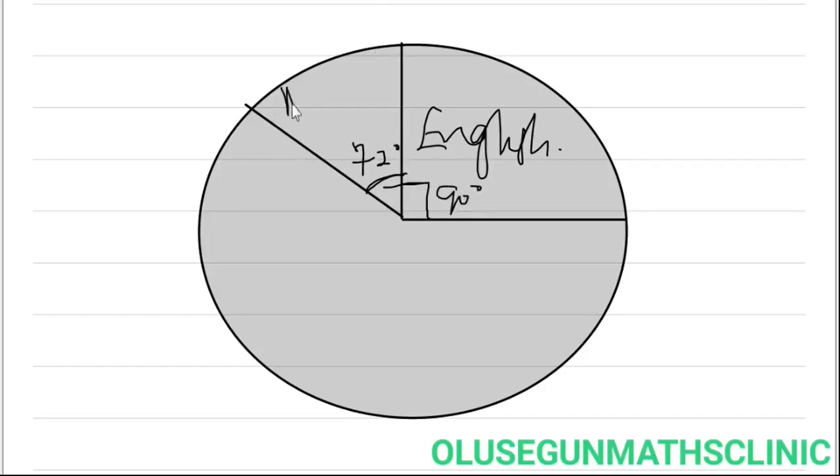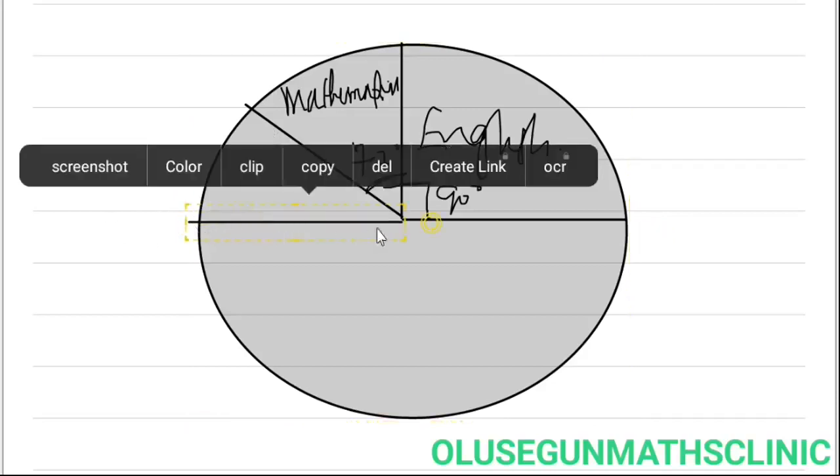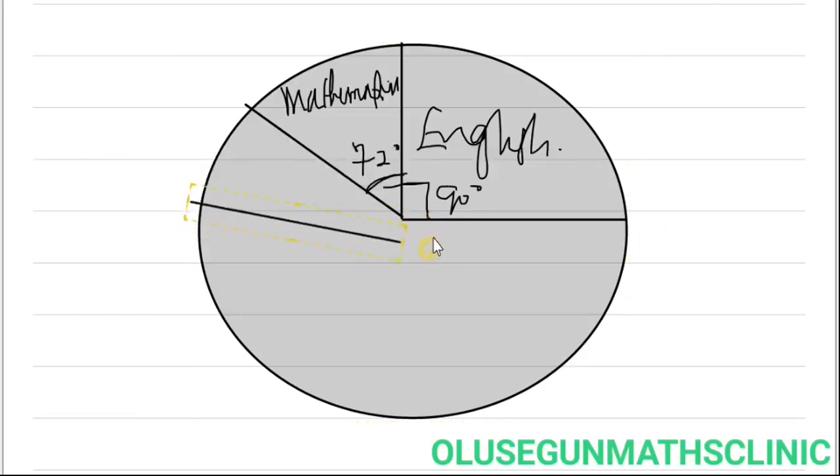That is mathematics. So mathematics is 72 degrees. So we have another one, 36. 36 degrees, that is physics. So we have physics.